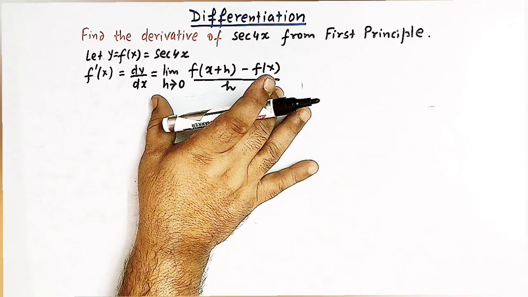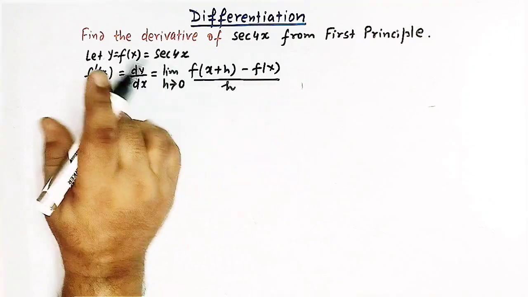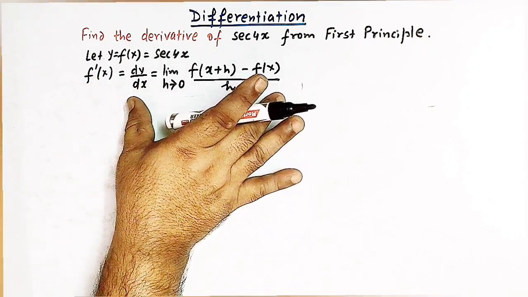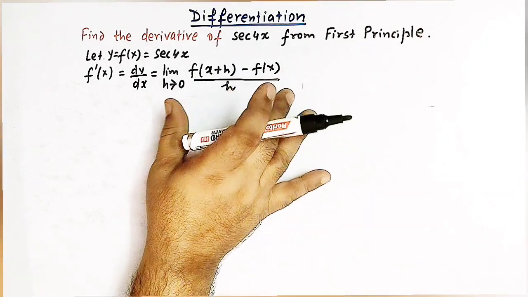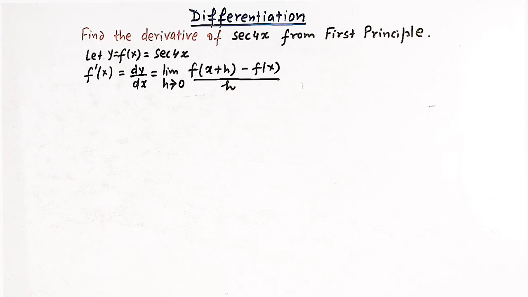So this limit is known as the derivative of y with respect to x, and this statement is known as finding the derivative using first principle, right?